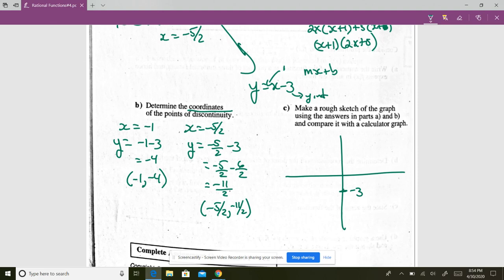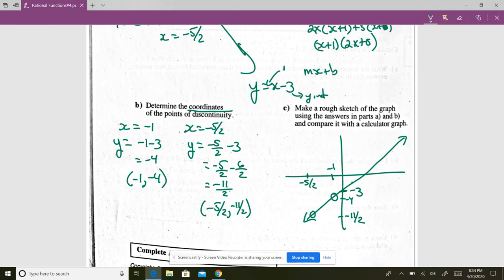If I go rise over run, basically it's going to look like this. Then I'm going to mark in my points of discontinuity, negative 1, negative 4. So if I say that's negative 1, I'll say that's negative 4. There's my point of discontinuity. And negative 5 halves, so negative 2.5, and negative 11 and a half. There's my other one, negative 11 and a half.